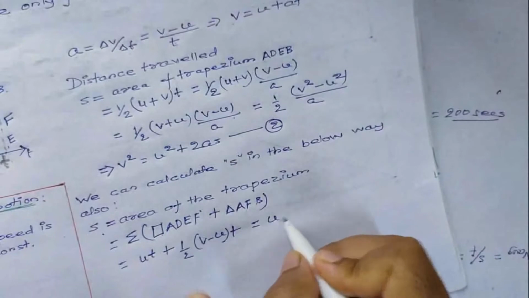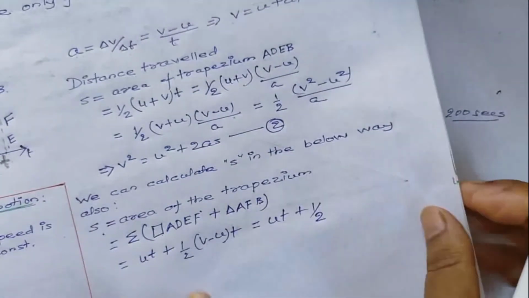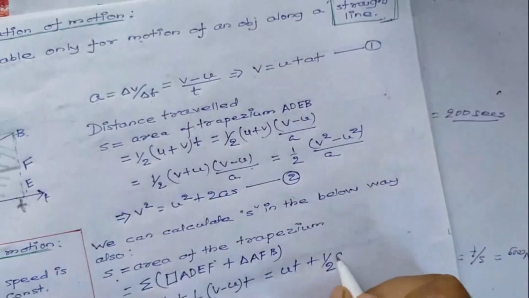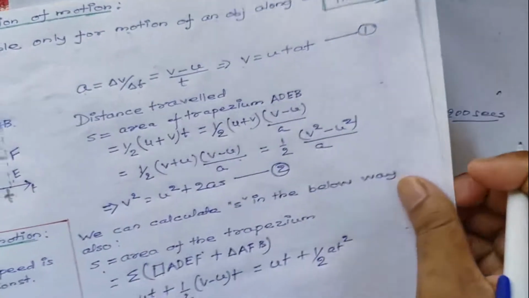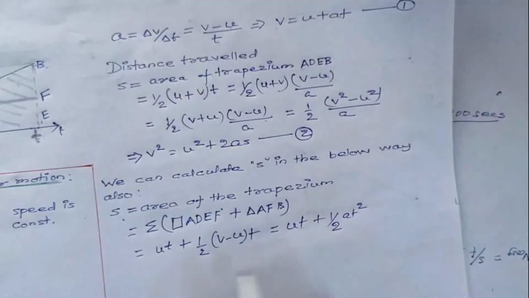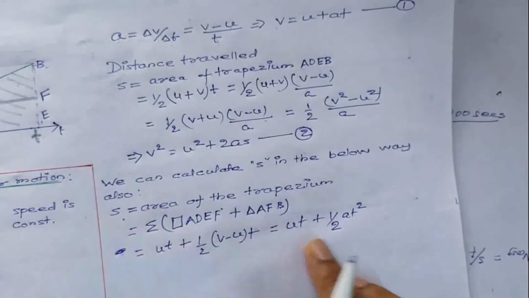So what will it be? Ut plus half at square. Okay, so we are done with the derivation of the third equation, that s equal to ut plus half at square.